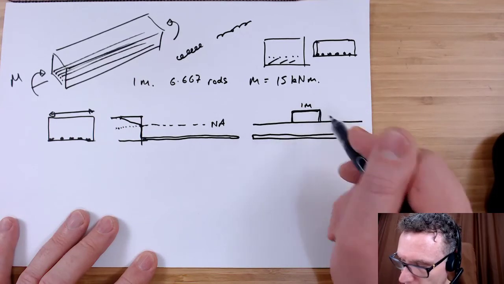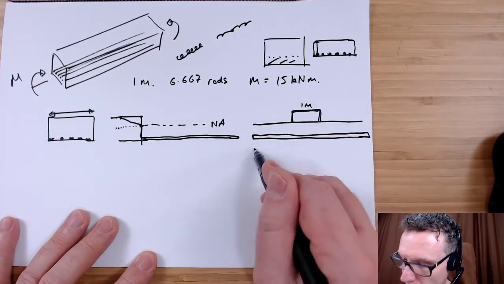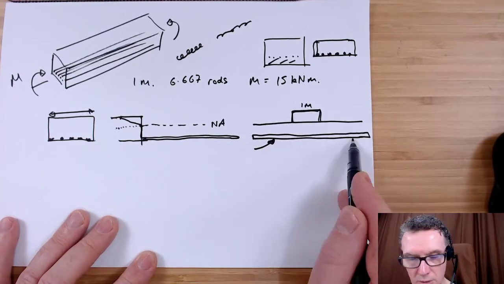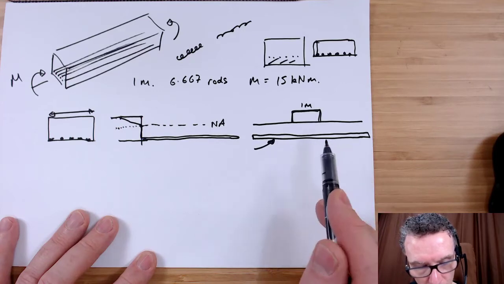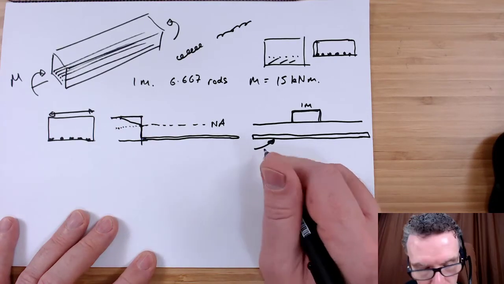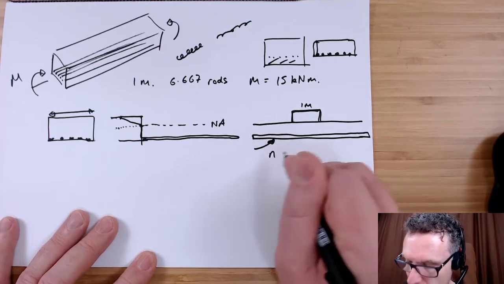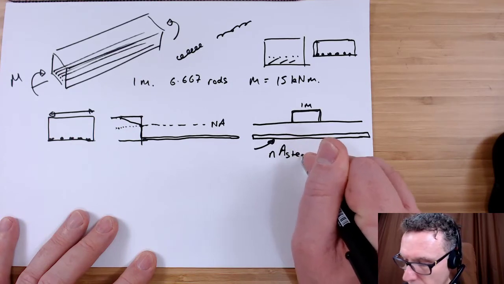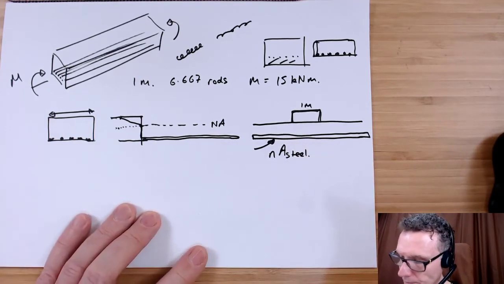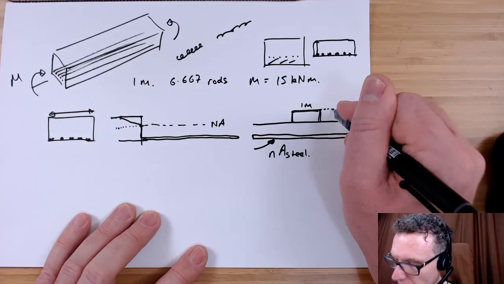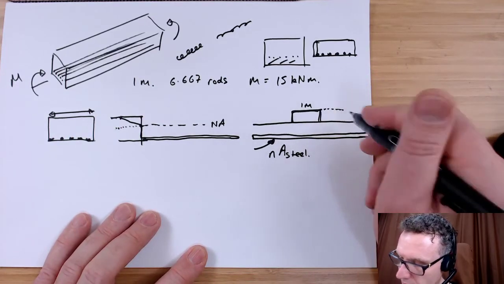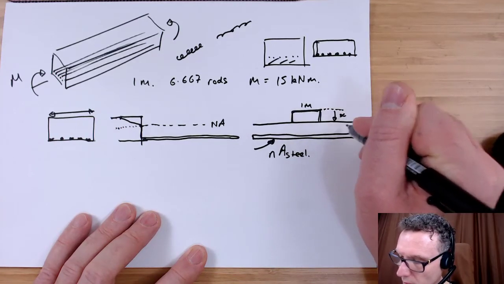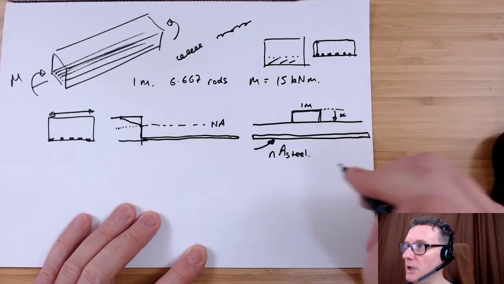So I've got that width there, and then I've got this bit of super duper long concrete, which I will say is approximately going to be N times the area of the steel rods. Okay, I take this to be my base distance. So the distance from here to here is going to be X, which is where we have the neutral axis.